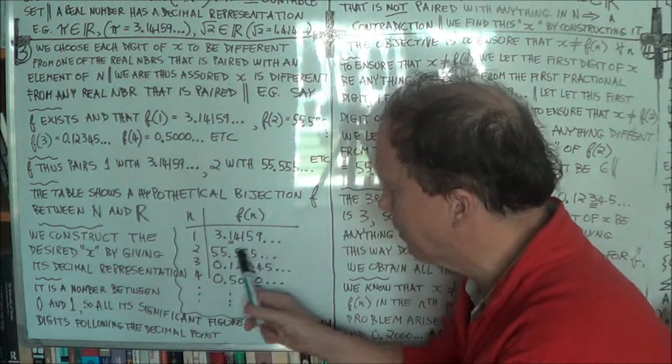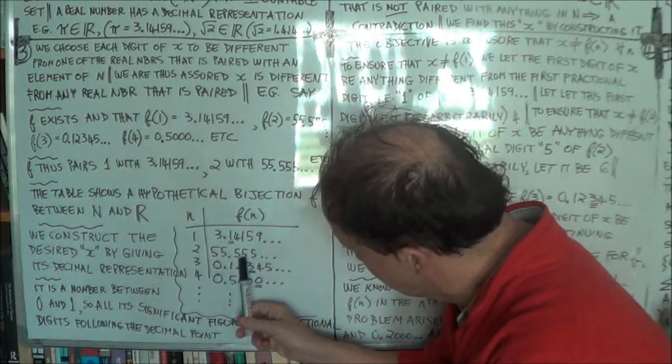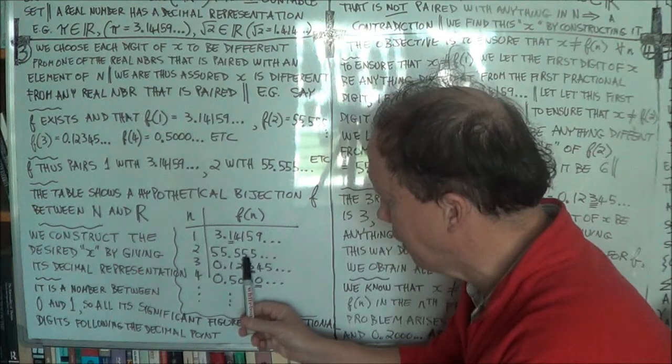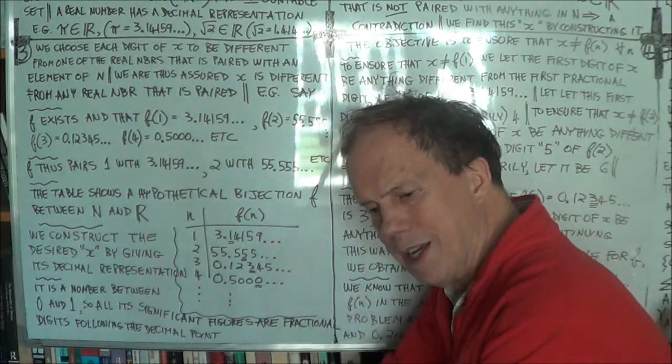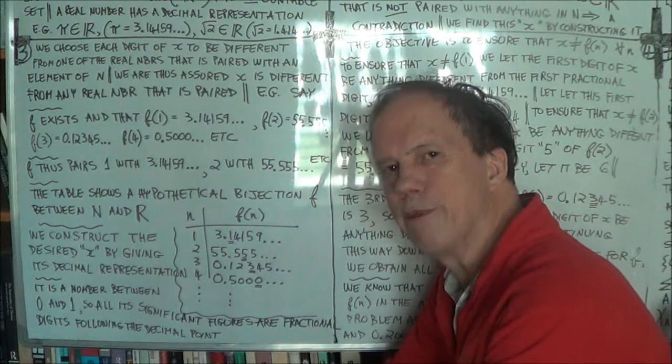Alright, let's do something similar with the second number, the second real. Well, in this case it's 55.555. Now the second decimal digit is 5. So let's make the second decimal digit in x a digit that's different from 5.